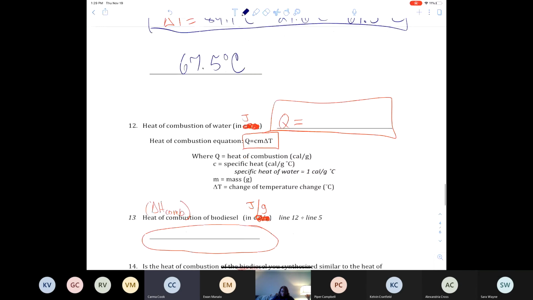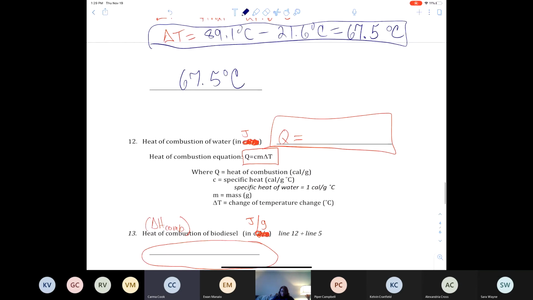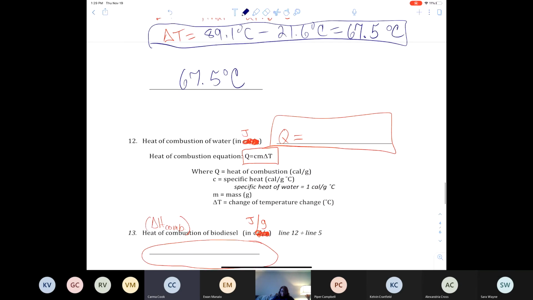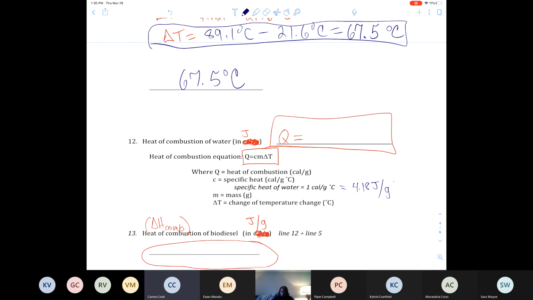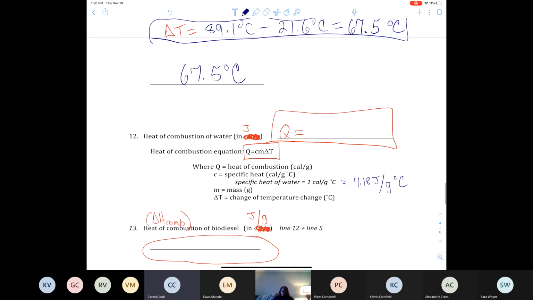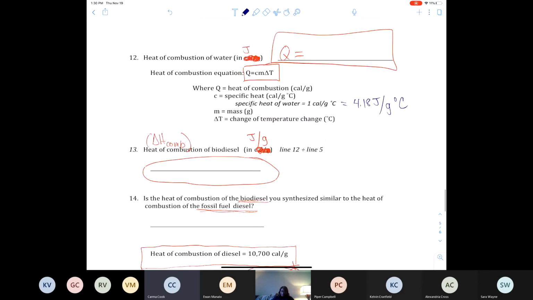So now we can use that delta T to calculate Q. And then once we calculate the Q, then we can calculate the delta H, the heat of combustion.